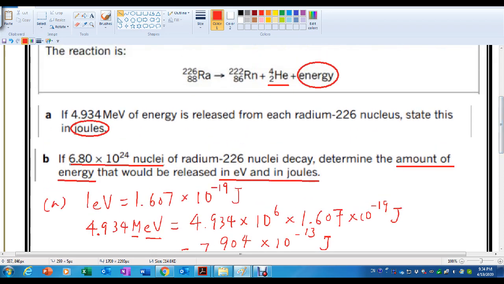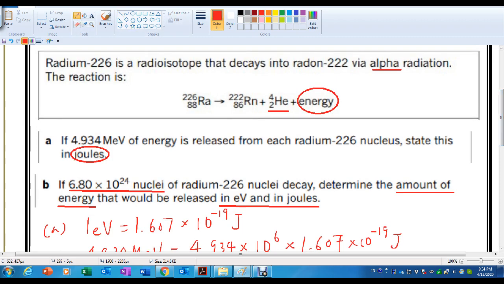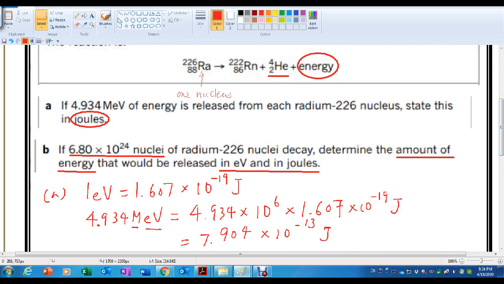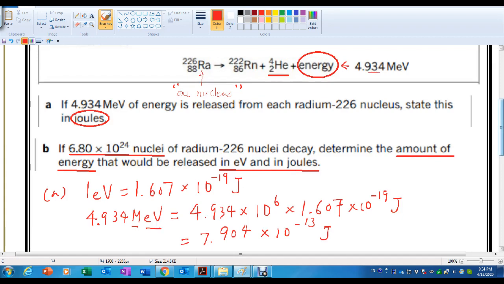We know that one nucleus of radium releases the amount of energy we have calculated. So how about 6.80 times 10 to the power 24 nuclei together releasing energy? How much energy can you see?